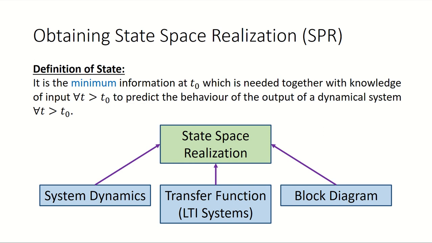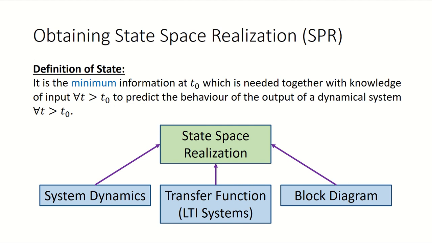If there are n number of states, we need n number of initial conditions. So that is the minimum information. So those variables whose initial conditions we need to know are termed as the states.